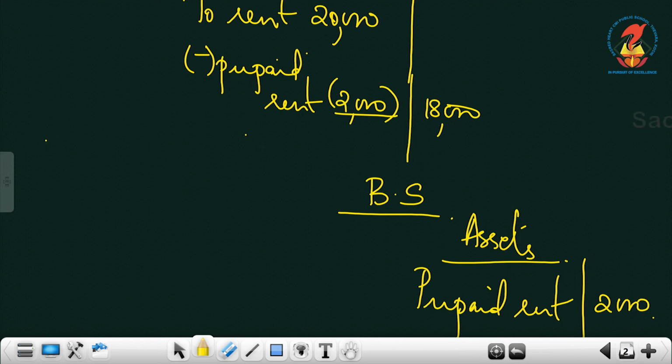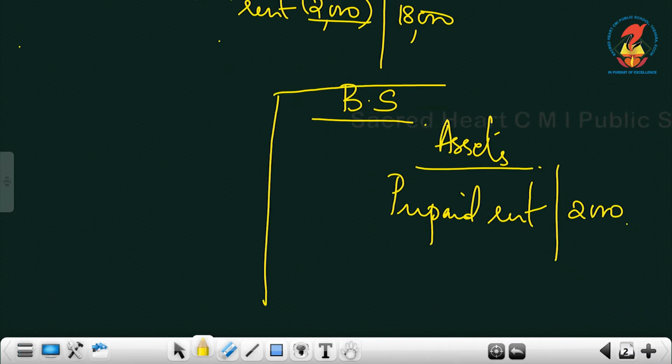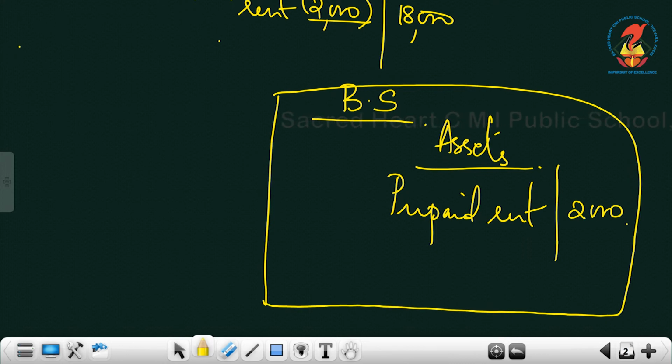So now when you write this prepaid rent, when it is given inside the trial balance, what should we do? This will be your answer. Understood? When it is given inside the trial balance, that means it is not an adjustment. So once only you need to write.